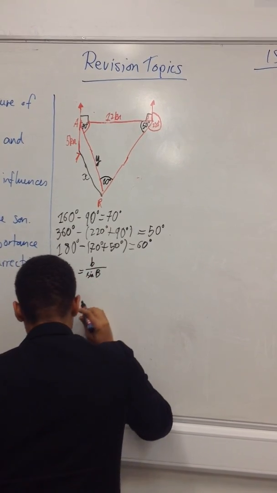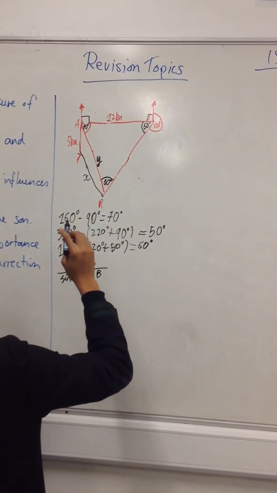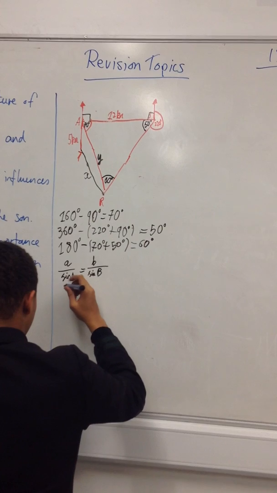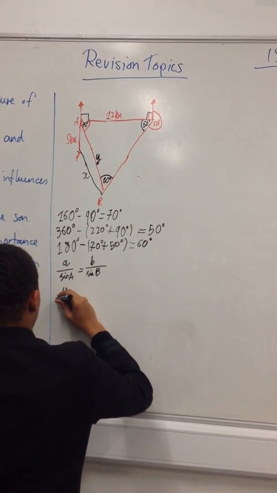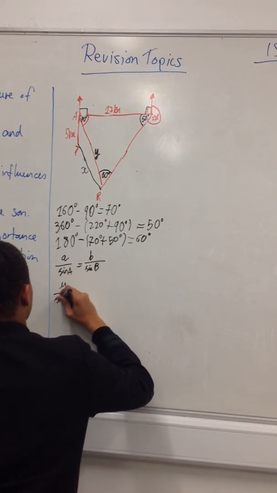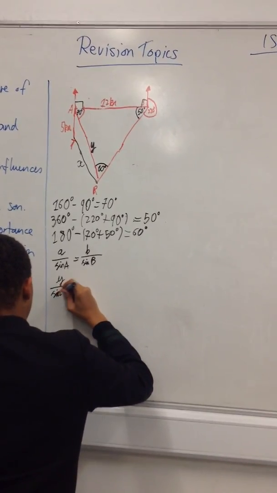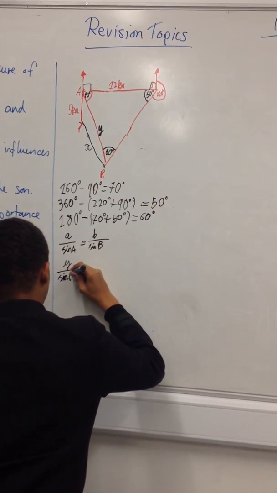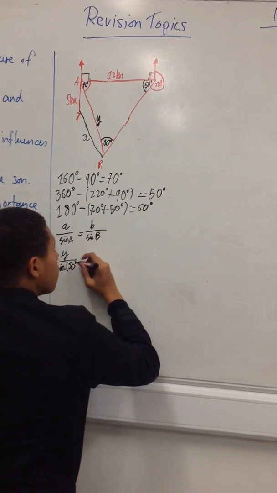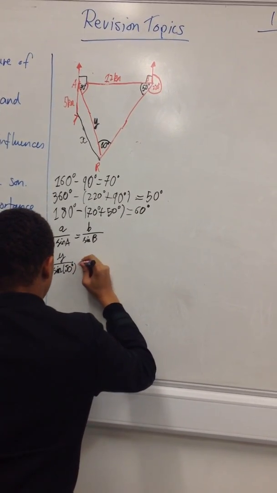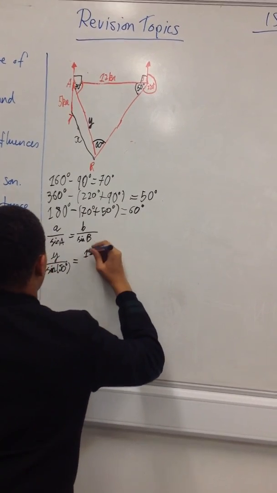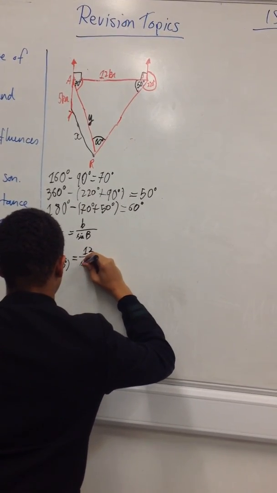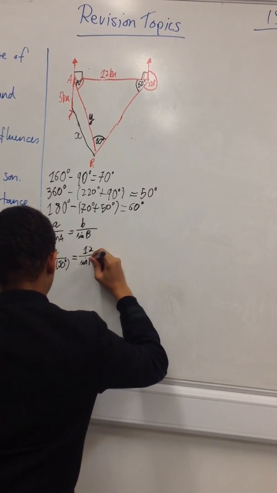So in this case, we have y over sine 50 equals 12 over sine 60.